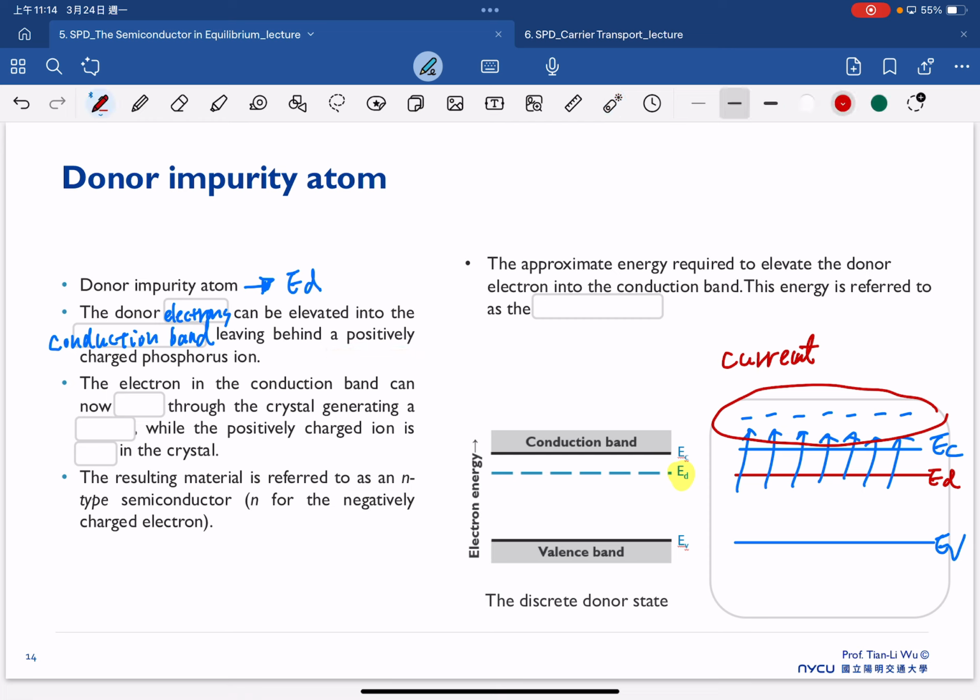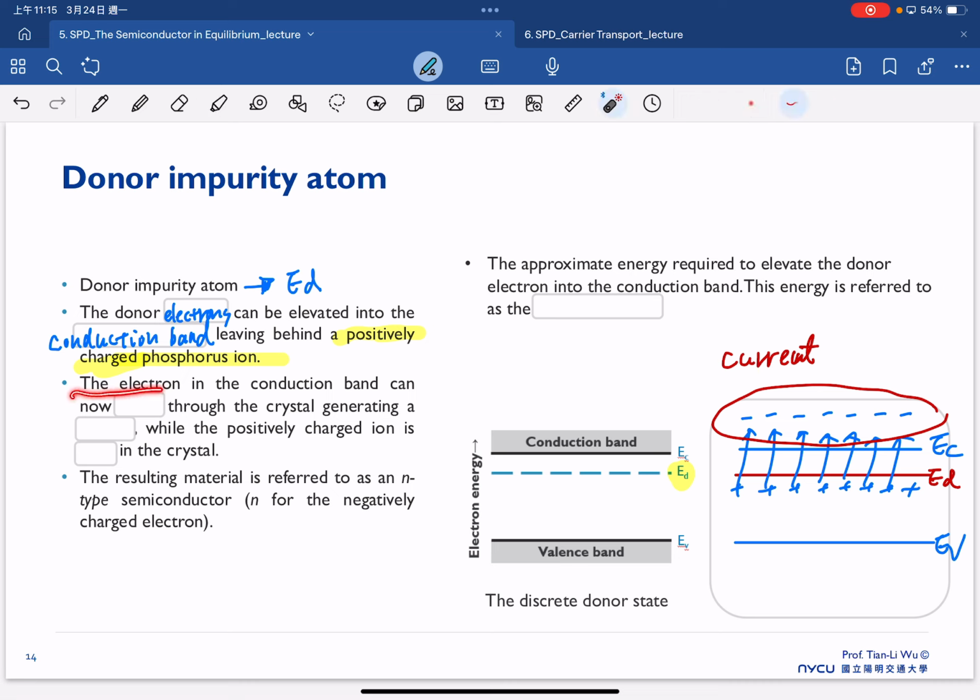So in this case, we will have the positive charge here. So what the sentence wants to describe is that you have the donor energy, the donor electron will jump to the conduction band, and once it jumps to the conduction band, you will leave some positive charge behind here.